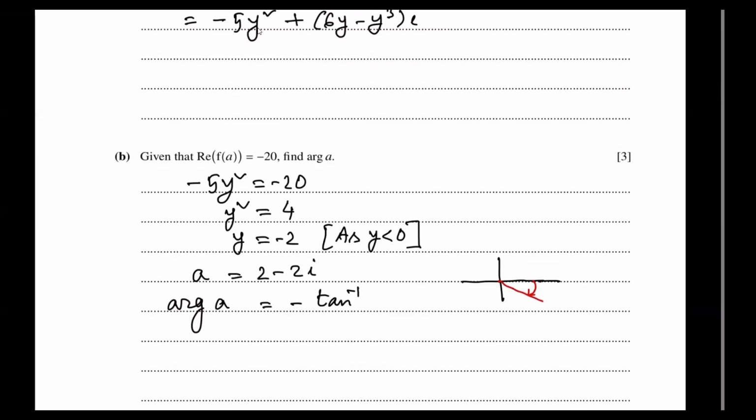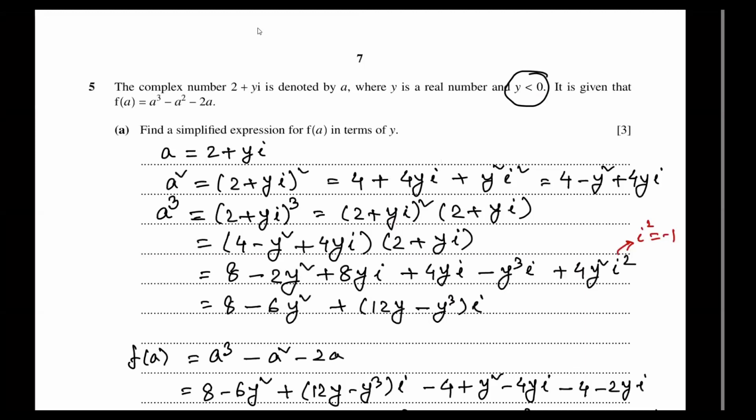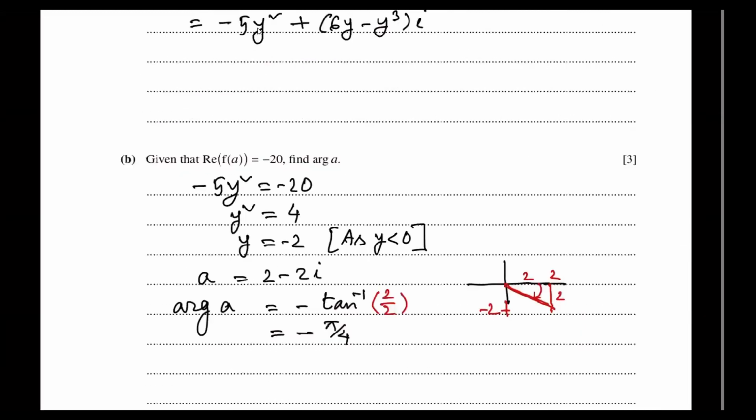This is 2, this is minus 2. So tan inverse of 2 by 2, basic acute angle, that's positive. So minus tan inverse 1, which is minus pi by 4. That's part B. Is there any other part? No. That's part A and part B.